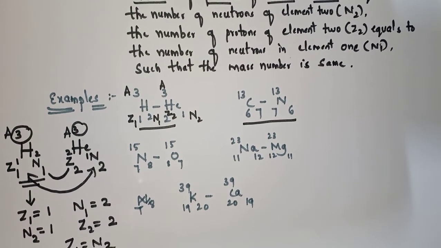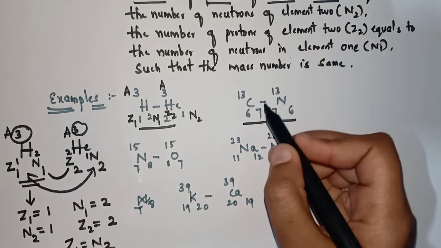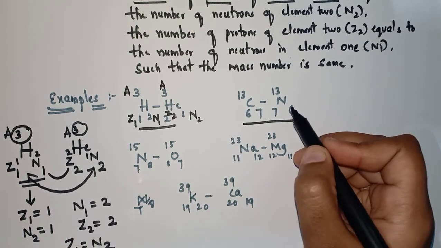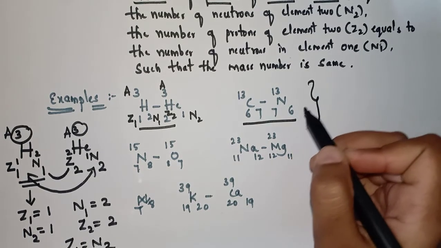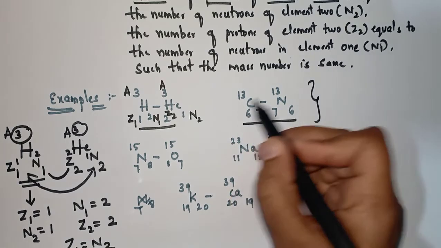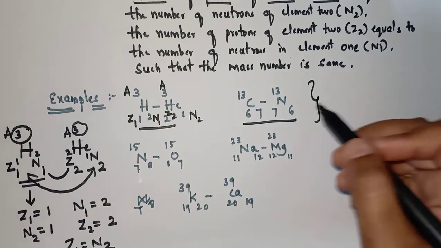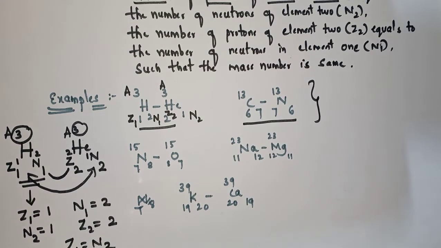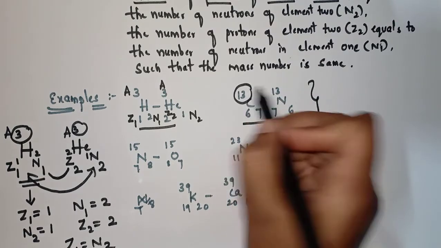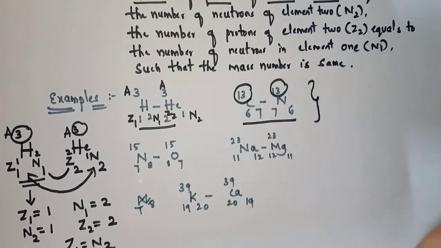Now let us consider another example: carbon and nitrogen. The first rule is that they should be neighboring chemical elements. Carbon and nitrogen are neighboring chemical elements. Yes. Next, they should have the same mass number. See here, 13 and 13, they have the same mass number.